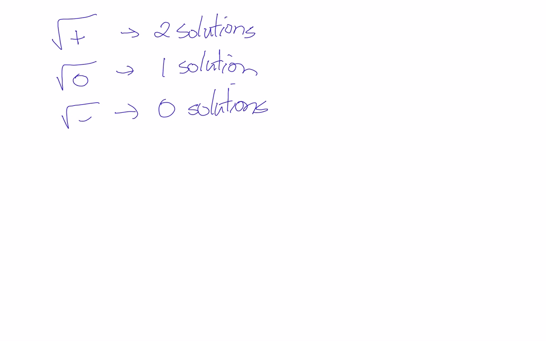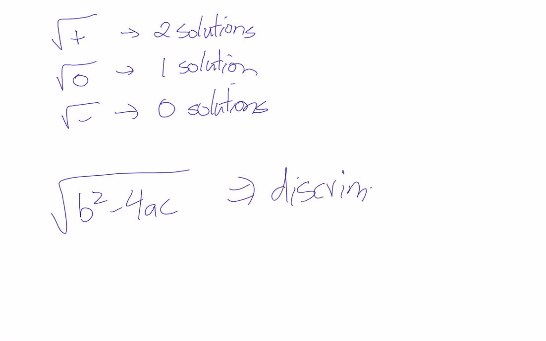Just that number under the square root, the b squared minus 4ac, we call that the discriminant. So all you have to do is figure out what that number is, and once you know that, you can determine how many solutions it has based on whether it's positive, negative, or equal to 0.